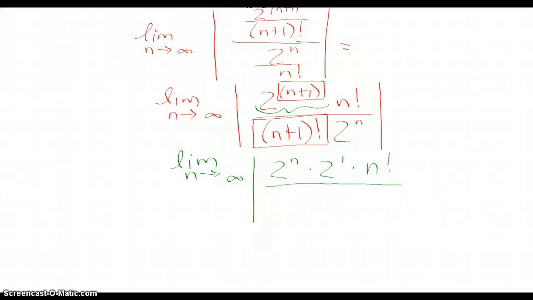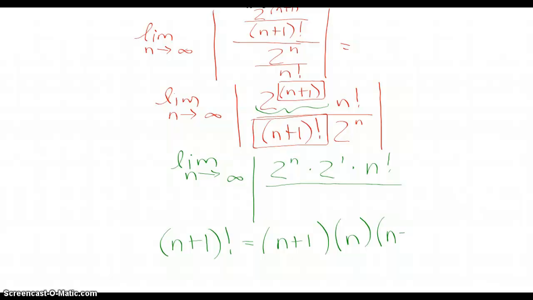Now I want you to realize something about n plus 1 factorial. We're going to use the attributes of the factorial to expand what's going on down there. And you'll see why, because it helps us clean up our limit. N plus 1 factorial is n plus 1 times n times n minus 1 times n minus 2 all the way down to 3 times 2 times 1.